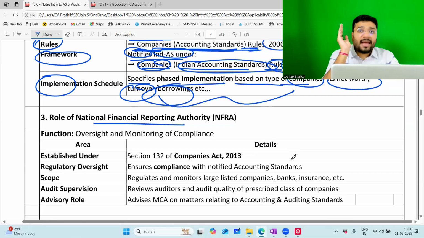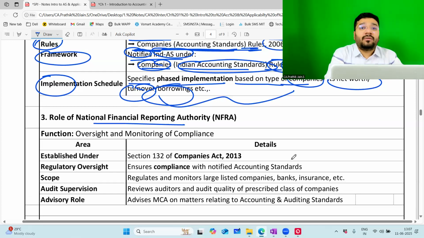Both AS and Ind AS are notified by MCA, only then they are made applicable on the corporates. Whereas accounting standards issued by ICAI can be made applicable directly on the non-corporates. Ind AS, I'm not coming there. Now I'm only focusing on AS. This entire discussion is for AS as of now. Ind AS I'll discuss separately.